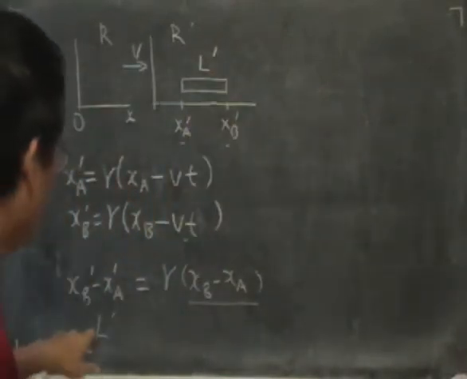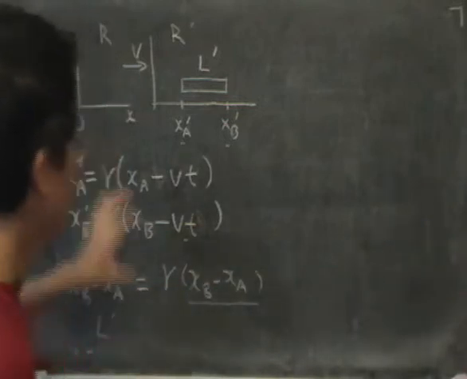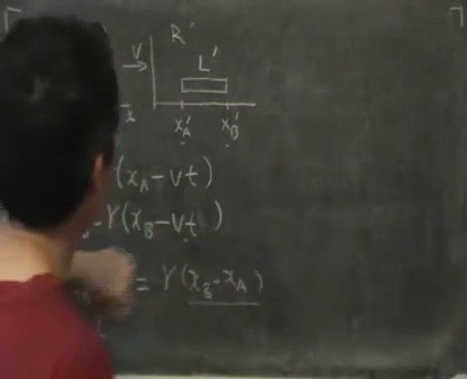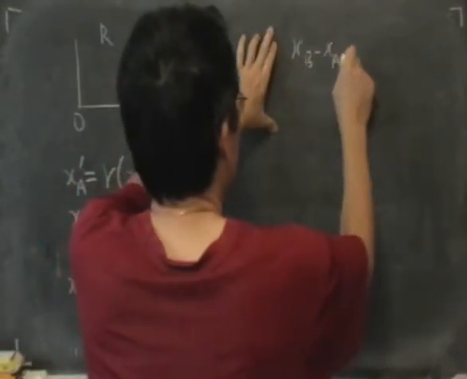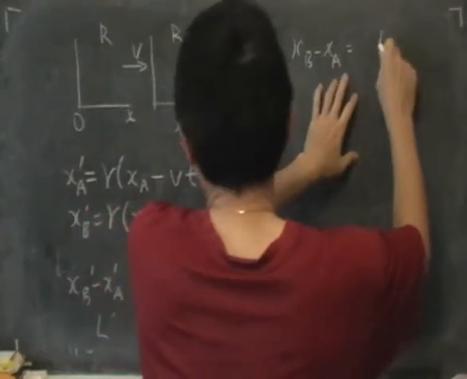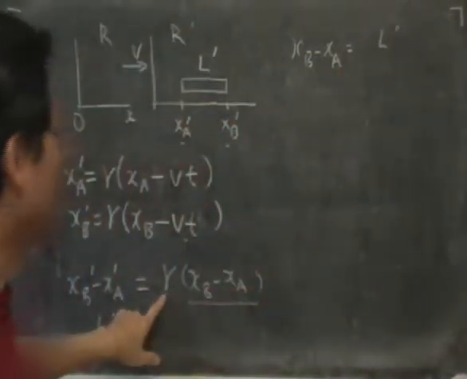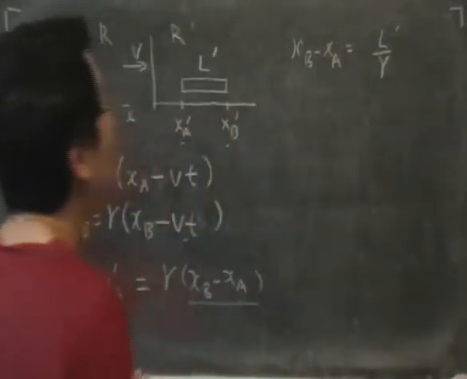So now, if you look at these two, let me solve for the length of the ruler for this observer. I'll move the gamma over to the other side. And that's what we got.